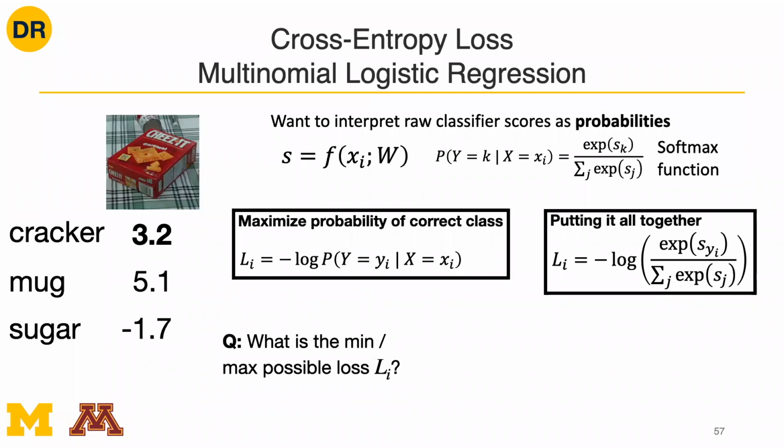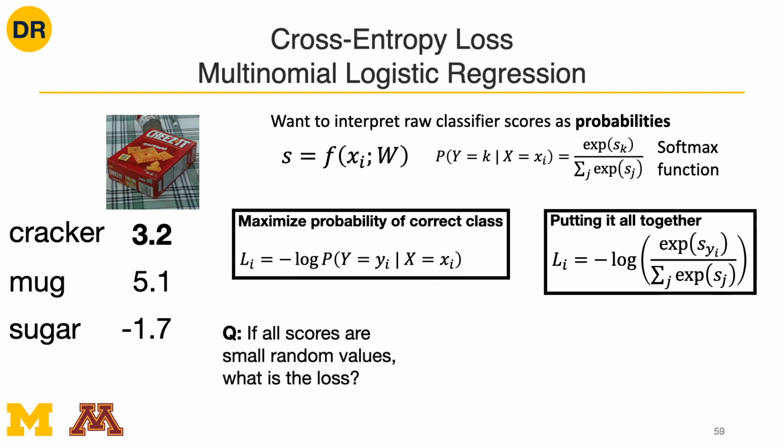Minimum zero. Positive infinity. Yeah. So the minimum is zero because you would not get a value below zero, because the probabilities range from 0 to 1. 1 is the maximum value for probability; plug that in and it will be 0. Whereas the maximum value for the loss can be positive infinity. So min 0, max positive infinity.